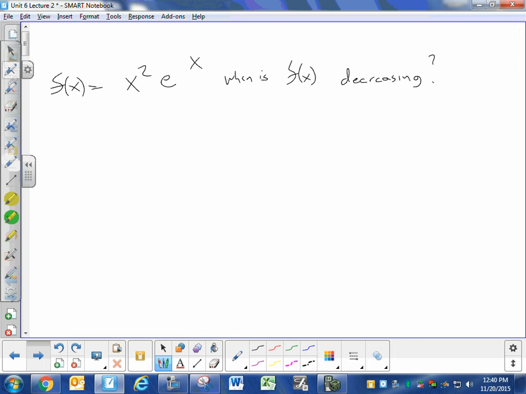Remember, after you find your derivative, if you have a term that is in both of your terms, you can factor it out. You'll see an e to the x in both of your terms. So go ahead and factor it out.